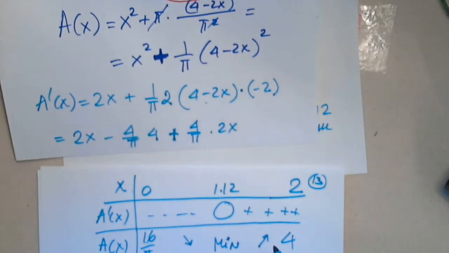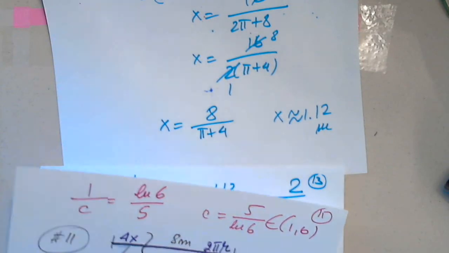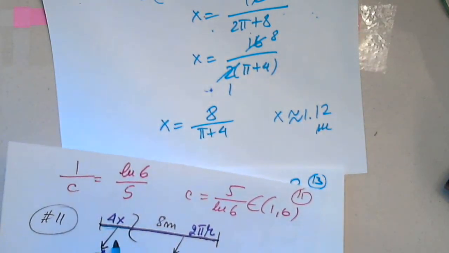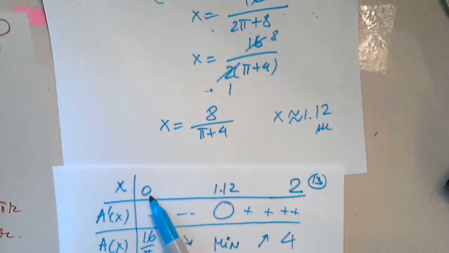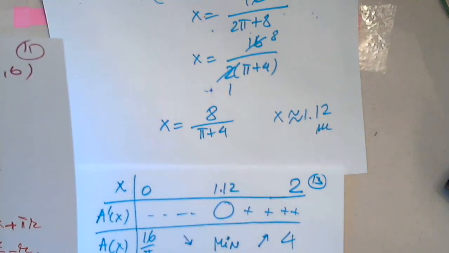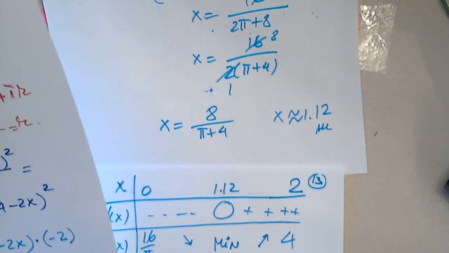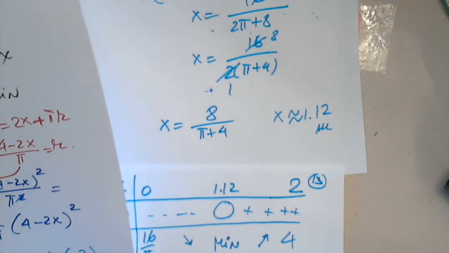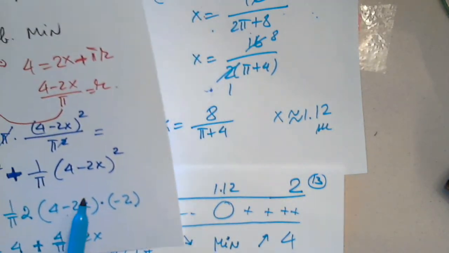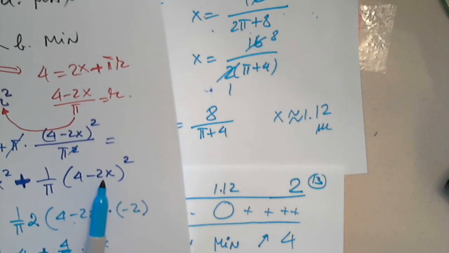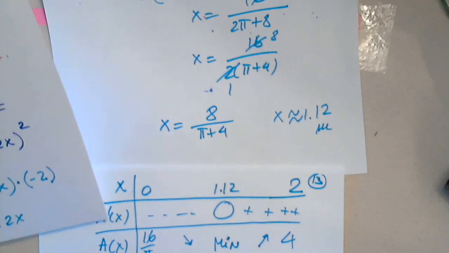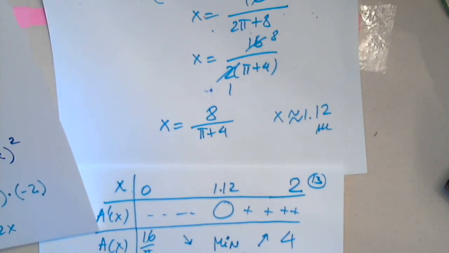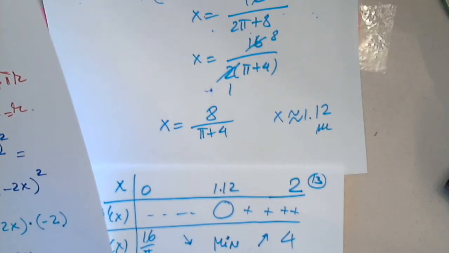So the question is, for when x is 0, the area of 0 is 16 over pi, and this is 0, yes. The area of 0 is 5.09 square meters.